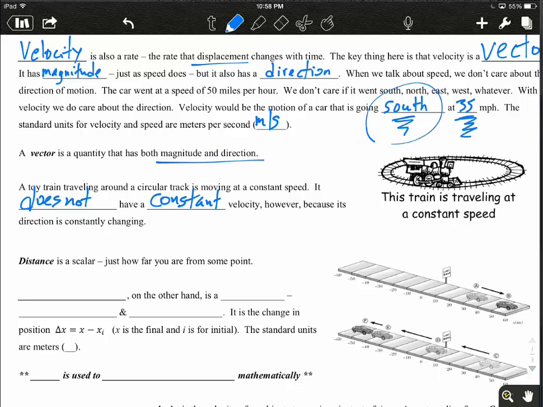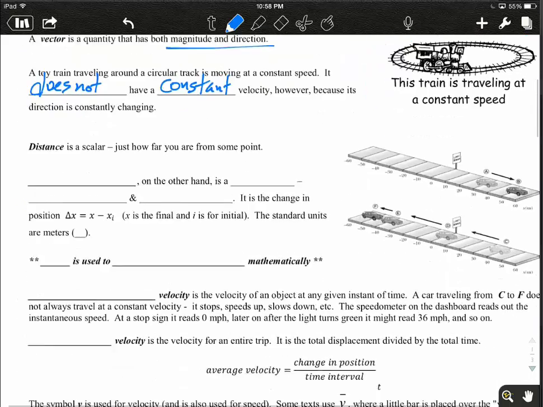Because the direction is changing. That train is not always going south or always north or east or west. Because it's moving in a circle, it's changing direction. Therefore, it's not moving at a constant velocity, even though it's moving at a constant speed. So you really have to be careful with direction.